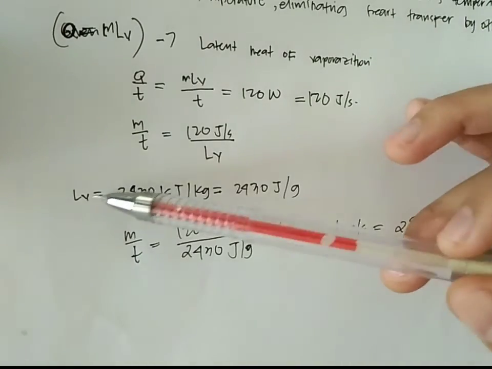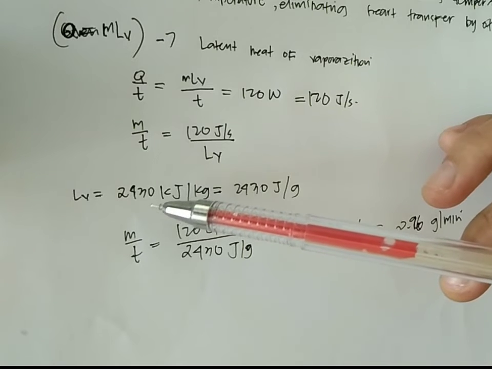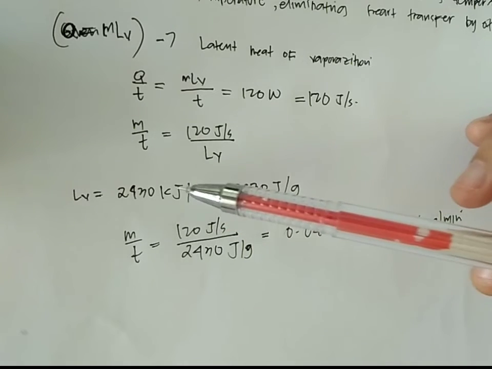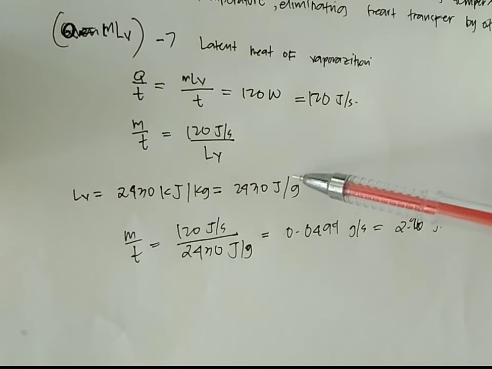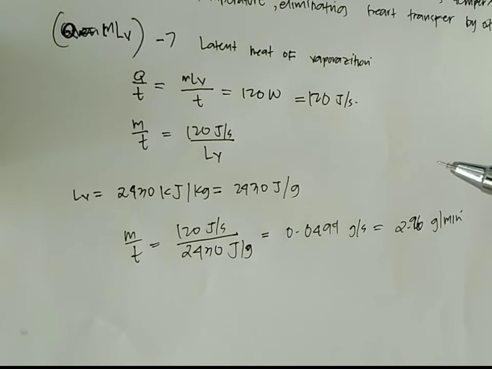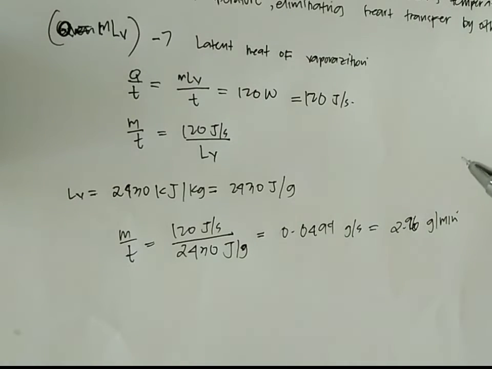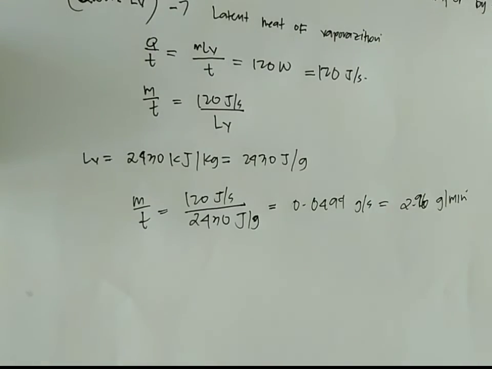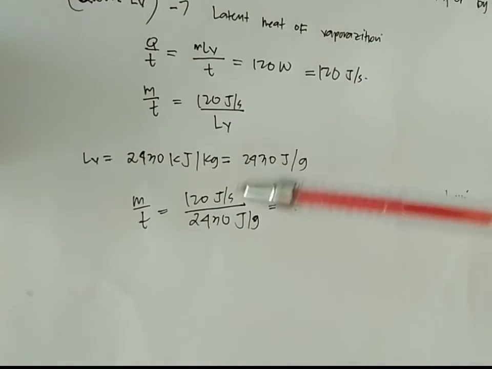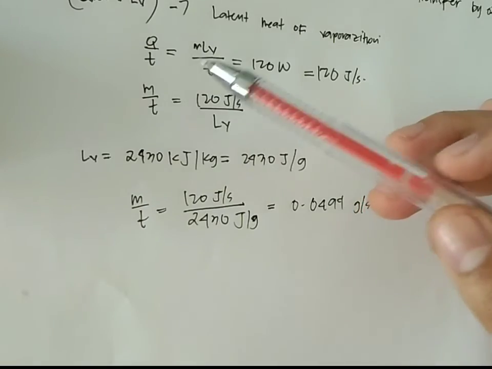LV is equivalent to 2430 kJ per kg, which is equivalent to 2430 J per gram. This is the value of the latent heat from Table 1.4. After that, we will substitute the known value of LV into this formula to get the mass.